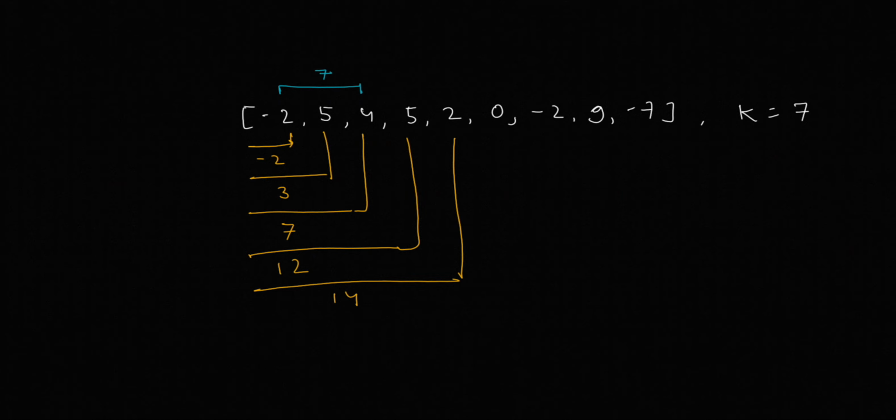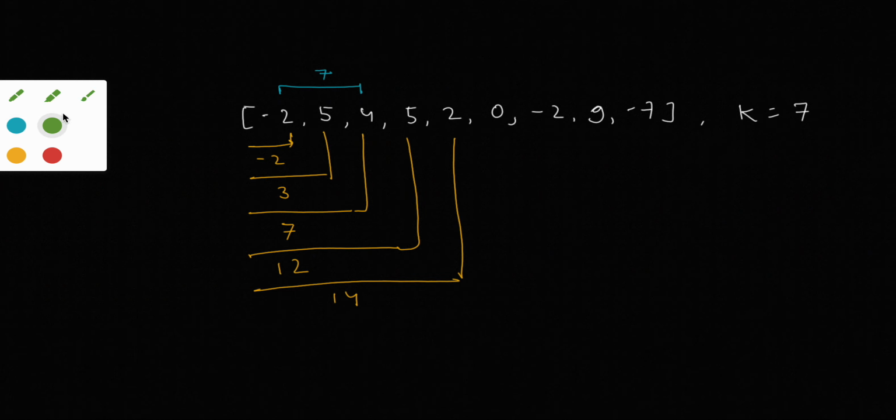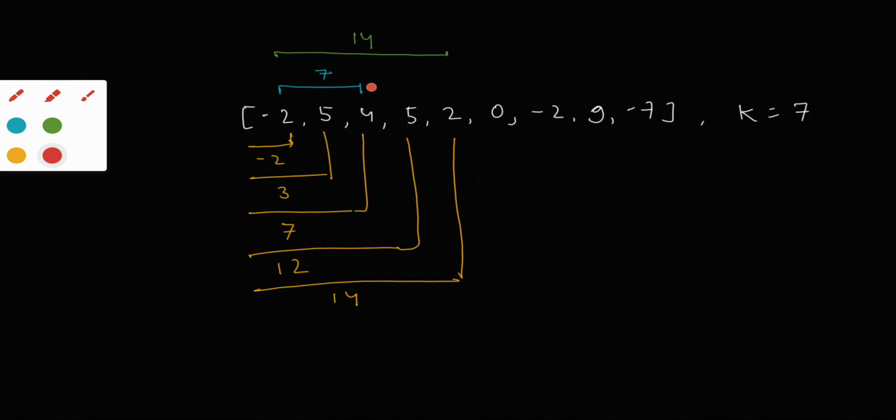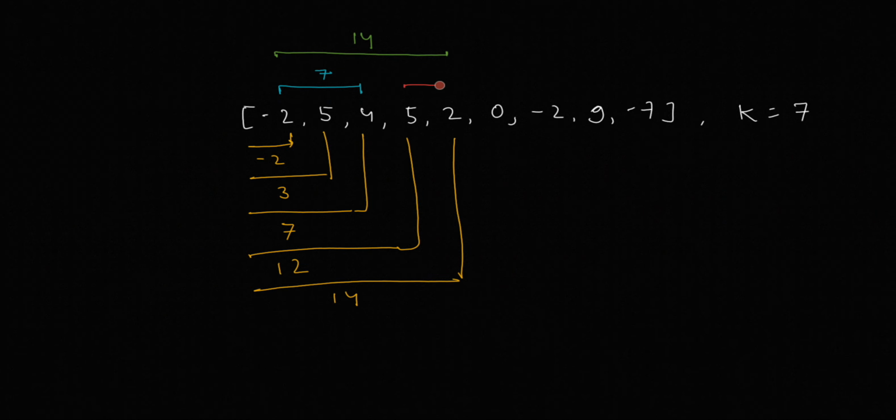And the second thing that we found out is that the sum from this point to this point is 14. So what does that mean? That basically means that if you add up elements from this index to this index, it would be 7, right? Because 14 minus 7. So you have 7, which is what we were looking for.